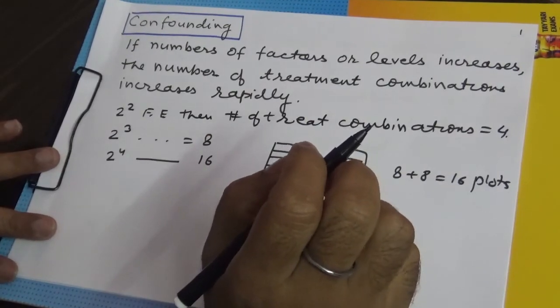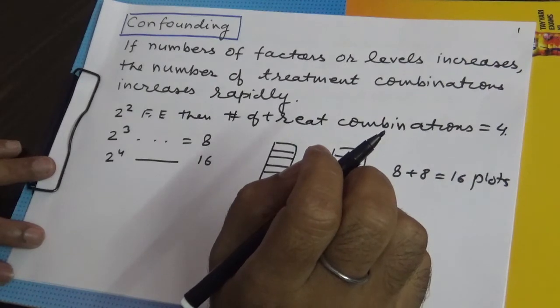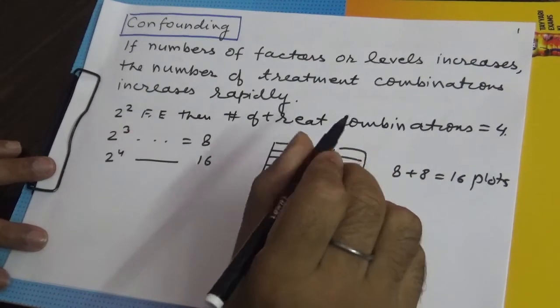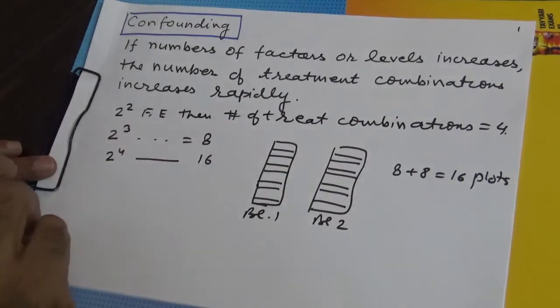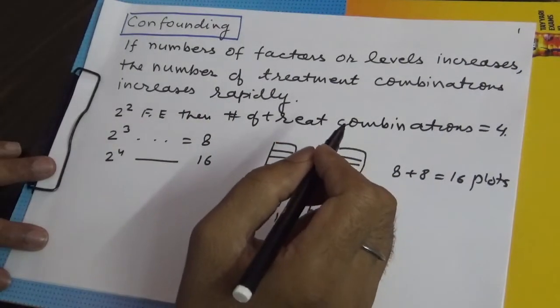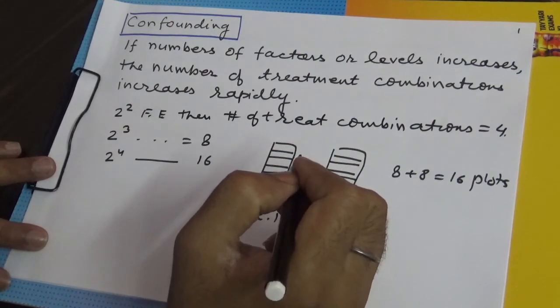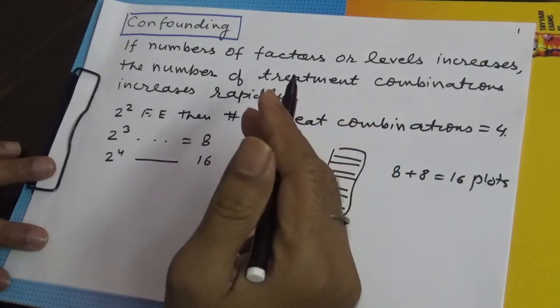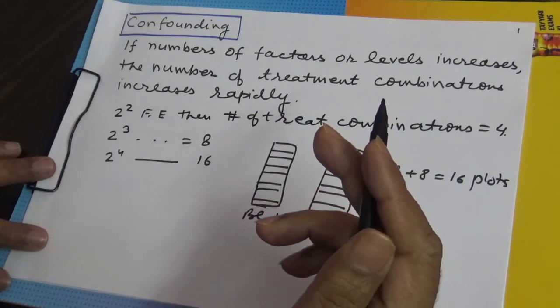So now my question is this, that since we observe that as the number of factors increases, the number of plots required to conduct the complete factorial experiment is increasing quite fast, rapidly.